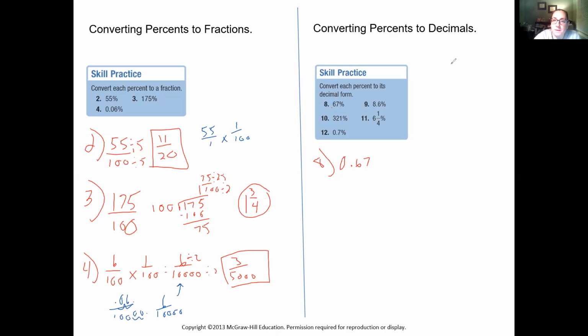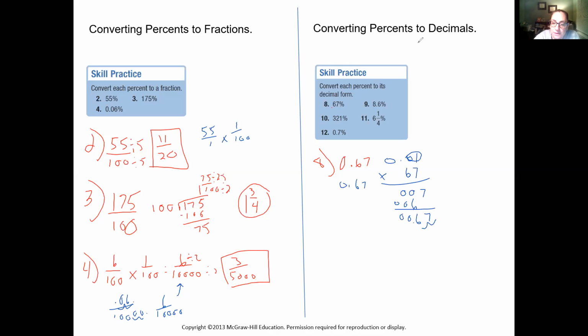The other way would be if you did 0.01 times 67, 700, 600, and there are 2 decimals, so you'd get 0.67. Right, the red's definitely easier.